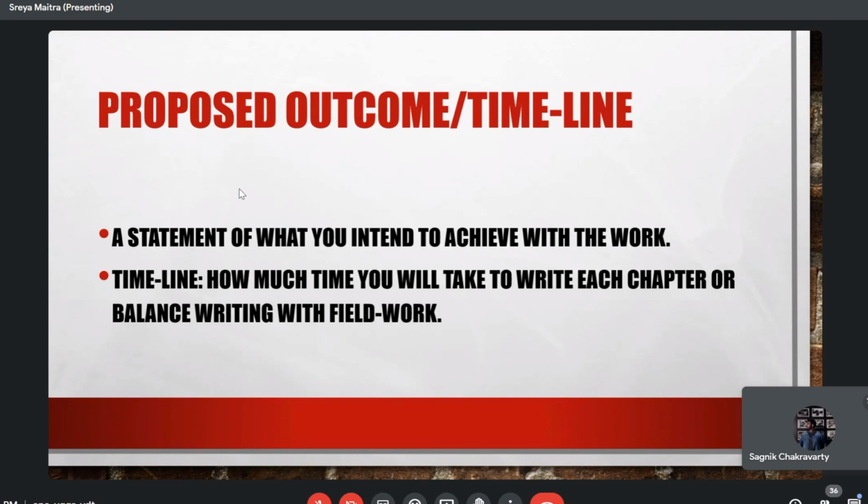Your timeline should be divided, where you dedicate, say in case of a PhD, the first 6 months to just studying. So the first 6 months should be literature review. And you say that this will be over and above the literature that I have already reviewed in my proposal.